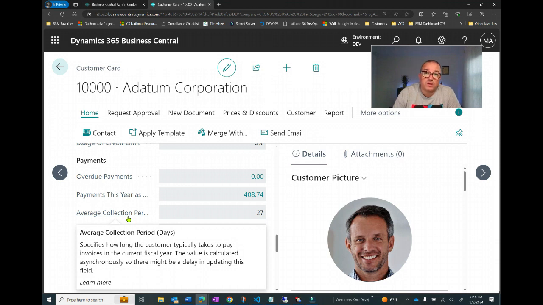We don't really know how the customer was in the previous years, and hence this is the small customization I built to expand on the calculation done by the Business Central base app engine to get those numbers in, and we're going to have a quick look at what I did next.